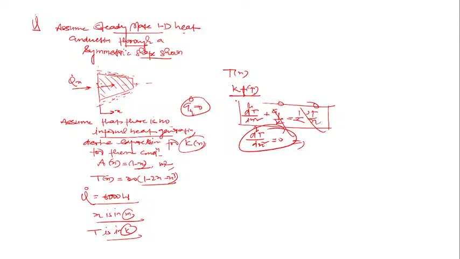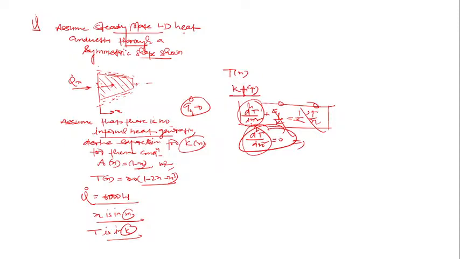Arey yaar. Sir, it's also for one dimensional. Sir, this equation is also for one dimensional, no? I have not written d2T upon dy square. K varies and area also varies.